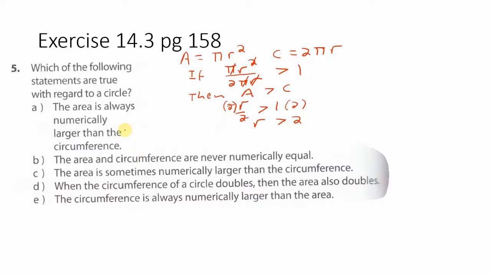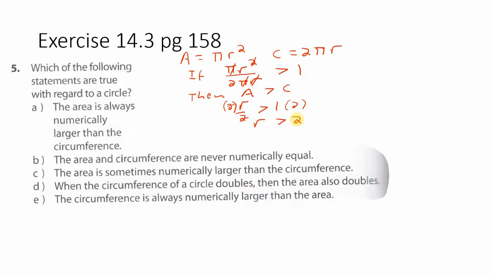So now to get back to our statement, the area is always numerically larger than the circumference. This is not true because we can see the area will only be larger than the circumference if the radius is in fact larger than 2.